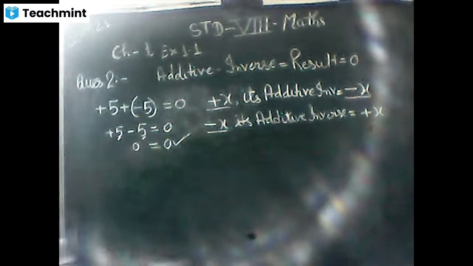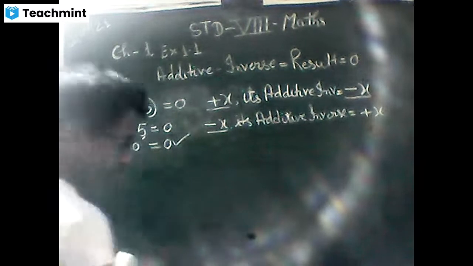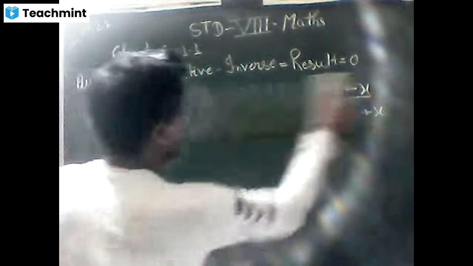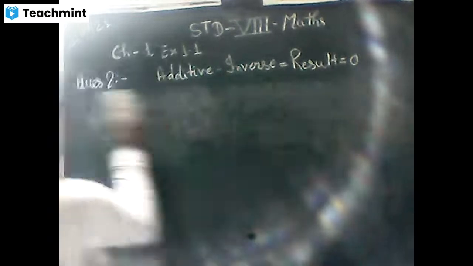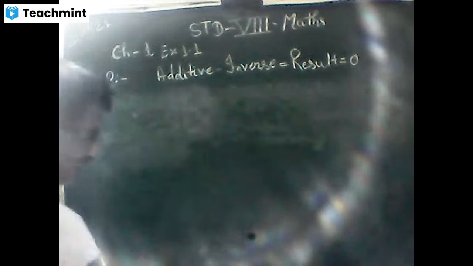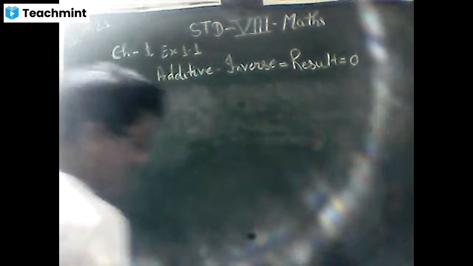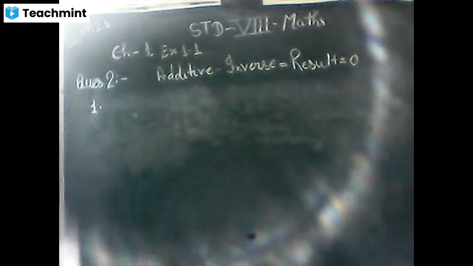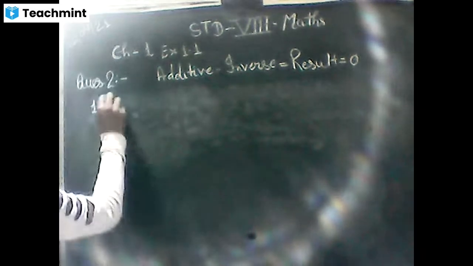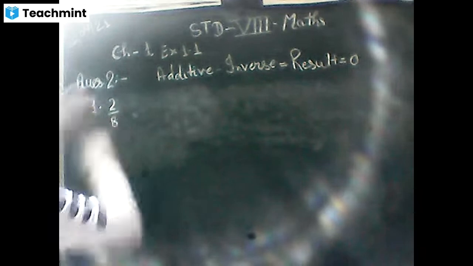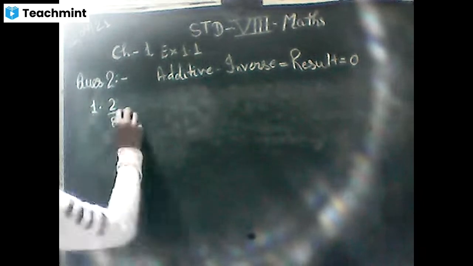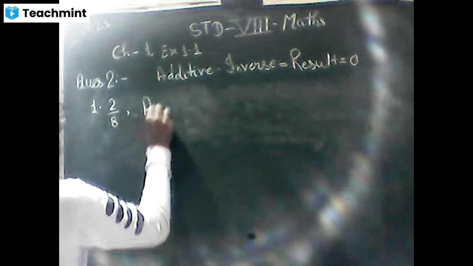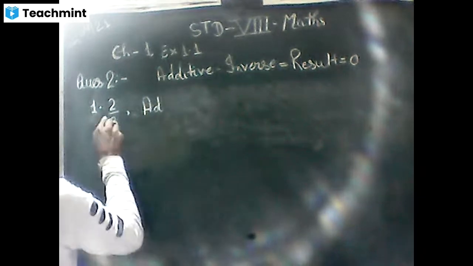Now our second problem: write the additive inverse of the given values. Our first problem is 2 by 8. Then we use a comma and write the additive inverse. Is this number positive or negative?